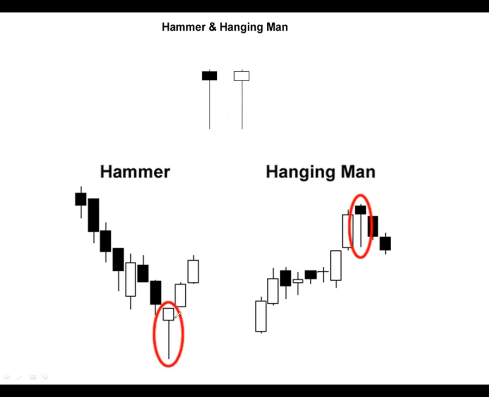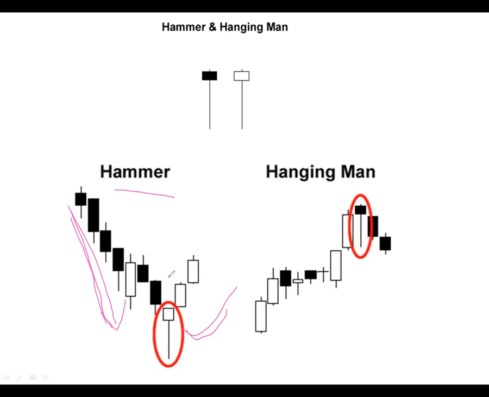Now look at the bullish one here. This bullish doji is found on a downtrend. So when you find this doji candle on a downtrend, or a sell market, that doji candle is called a hammer. And why is it called a hammer?